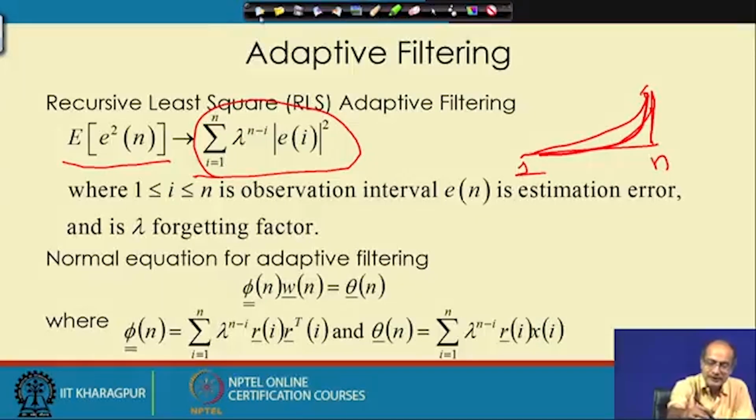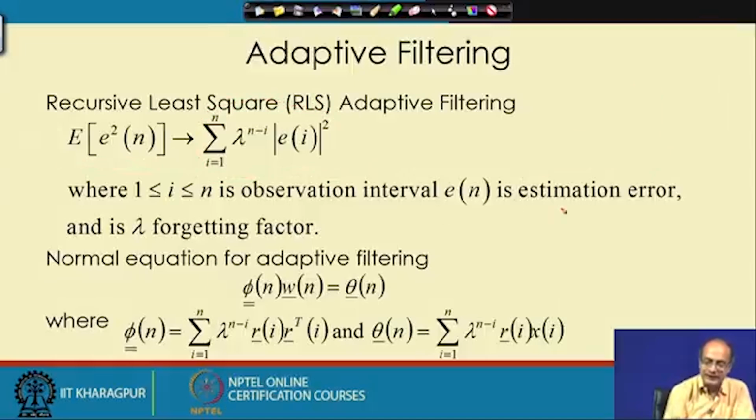And like the previous case, En is the estimation error. So, we have the new term introduced here, that is the forgetting factor lambda. Now, the rest of the RLS algorithm is about the update equation of the tap weights.